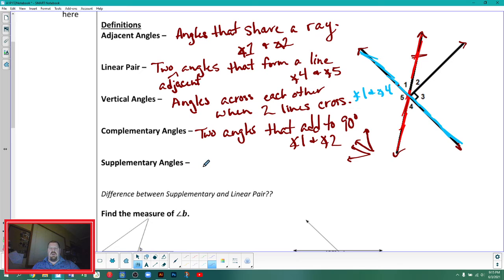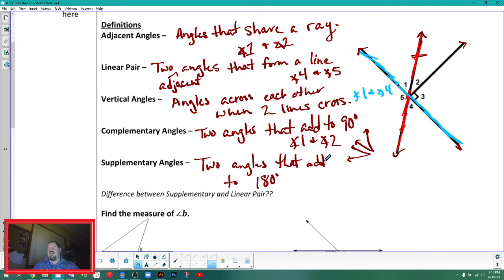Okay, then supplementary angles are 2 angles that add up, that add to 180 degrees. Okay. So 2 angles that add to 180 degrees.